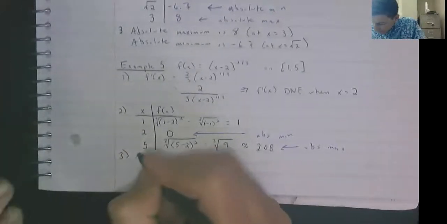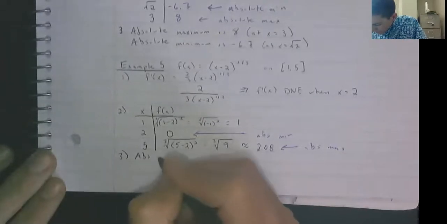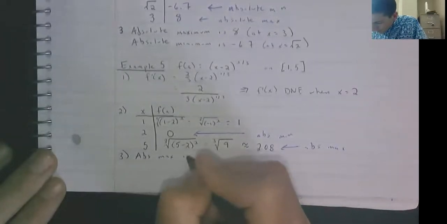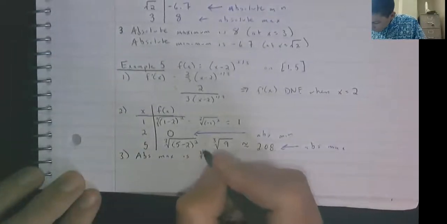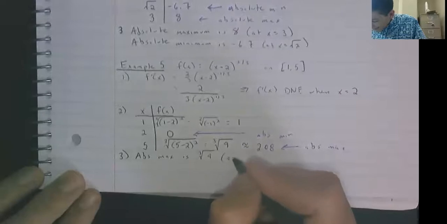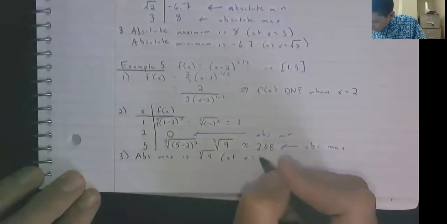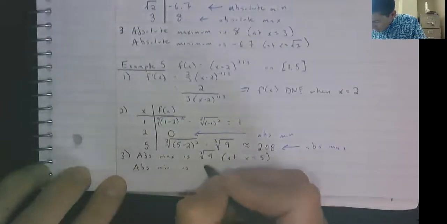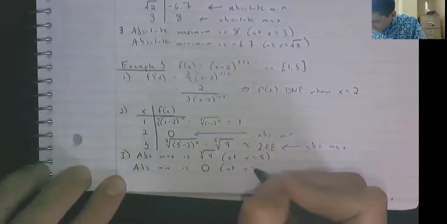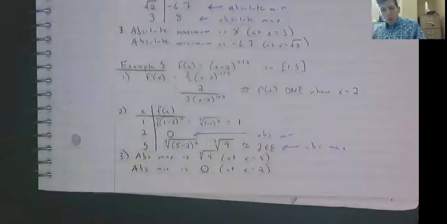Absolute max is the cube root of 9, which occurs at x equals 5. Then the absolute min is 0. And it occurs at x equals 2. Woo!